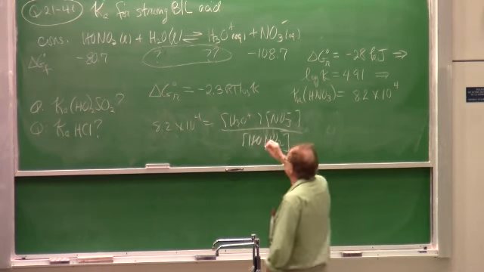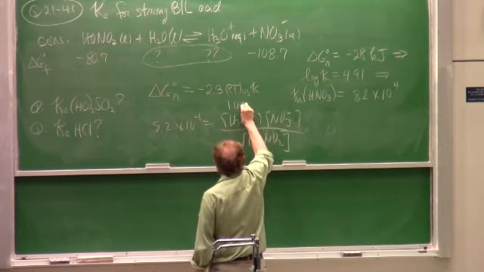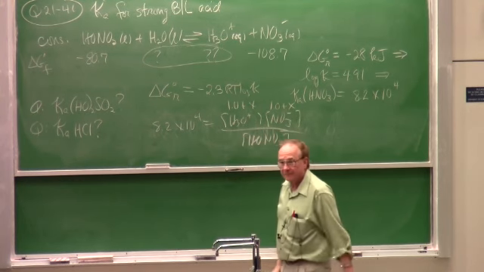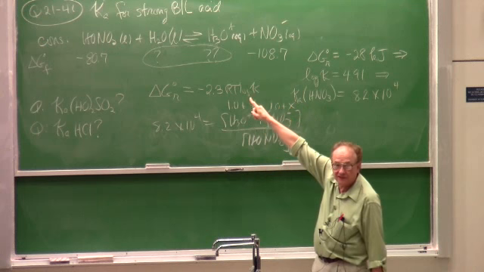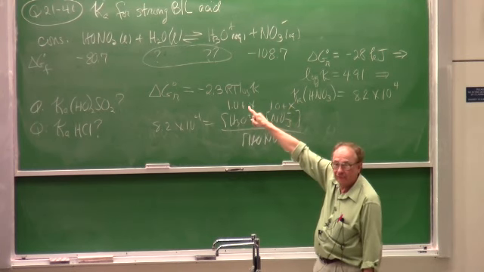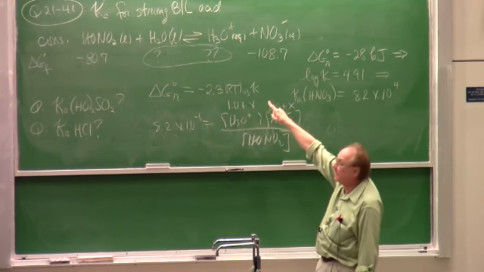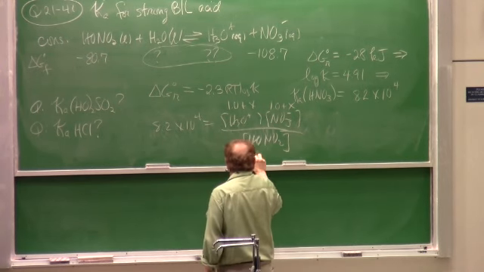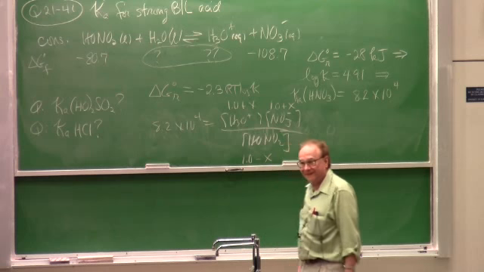So I'll call it this. Here's what I started with. And the stoichiometry says, by whatever amount I increase the molarity of hydronium ion, I'm going to increase the nitrate ion molarity by the same amount. And this is going to be this. There you have it.